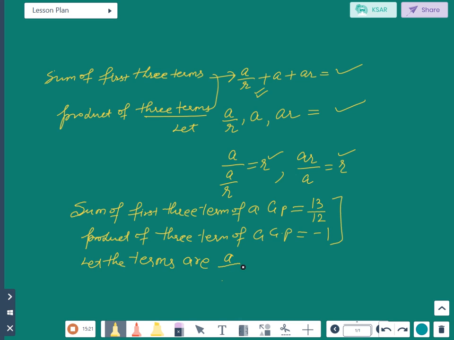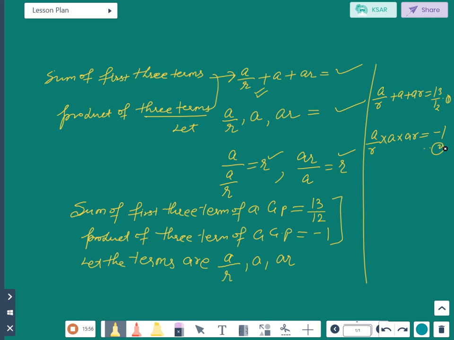So I considered the terms as a/r, a and ar. Now the question is: first, the sum of three terms, meaning a/r plus a plus ar, is given as 13/12, equation 1. The product of three terms, a/r times a times ar, is equal to -1, equation 2.